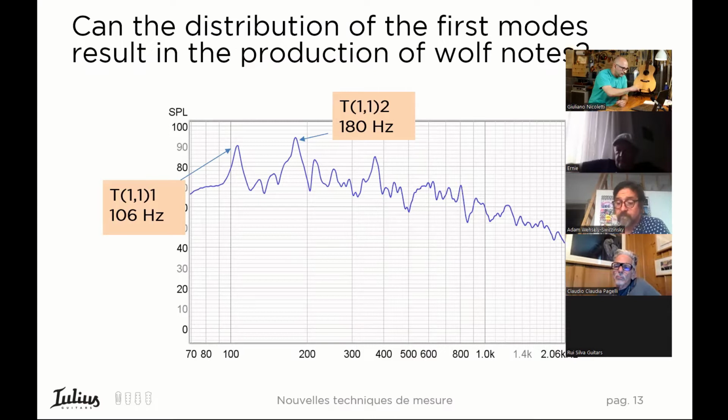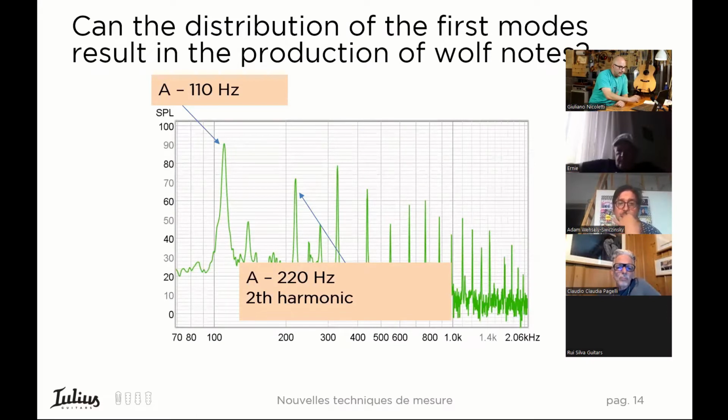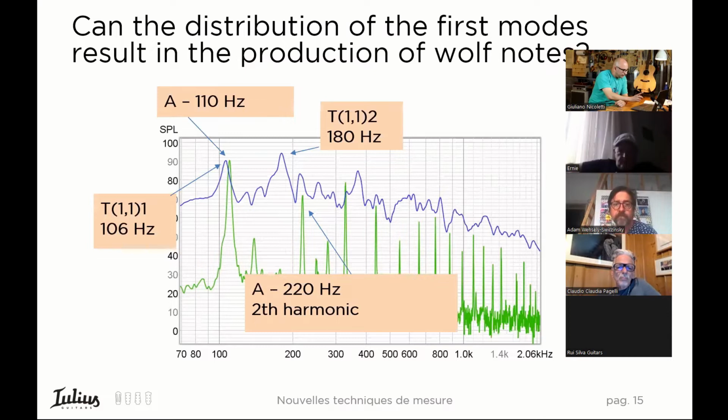In this case, this guitar has a first mode at 106 and the monopole at 183. So this is the open A string, as I showed you. The fundamental is 110, the first harmonic is 220. When I superpose these two, I can see that I am close to the first resonance, but with a good distance, and that I don't have the second peak in a harmonic relation with the first.